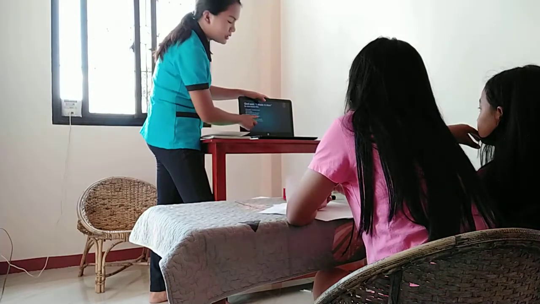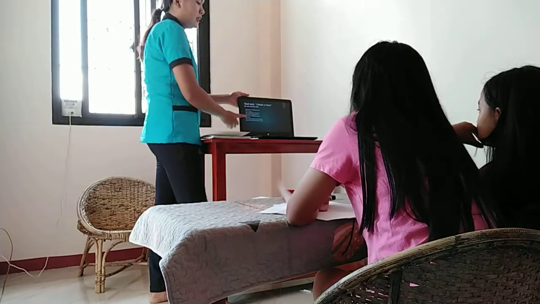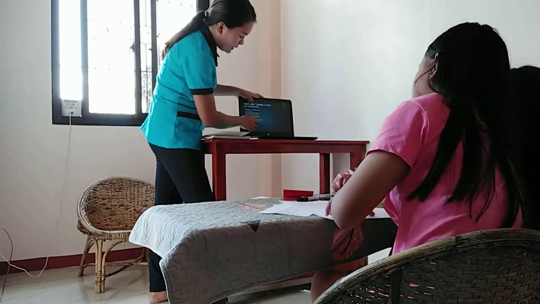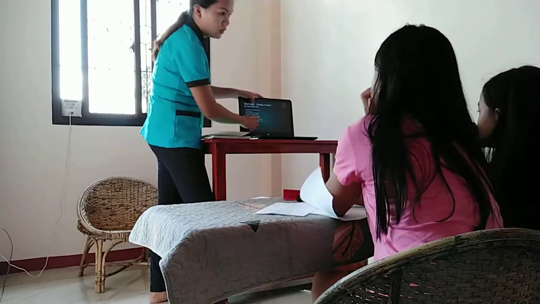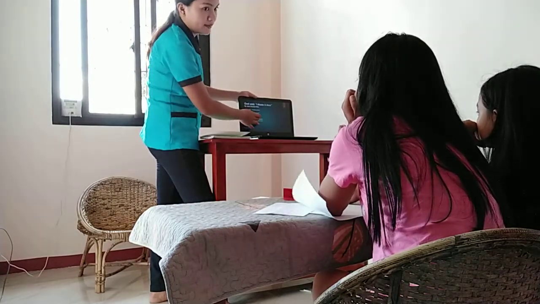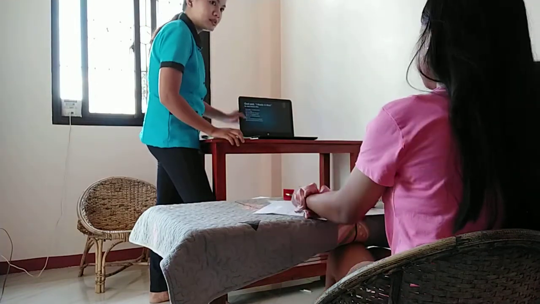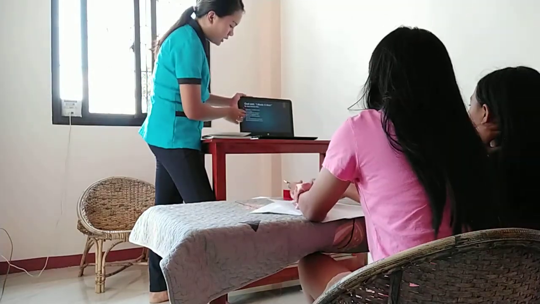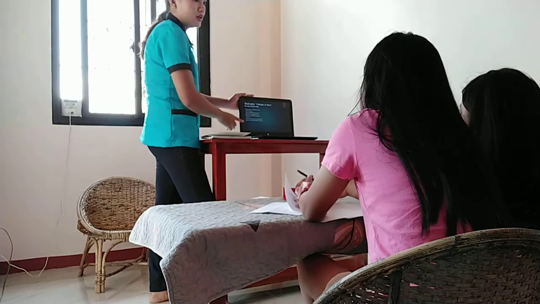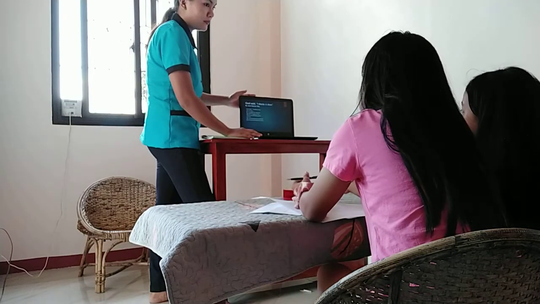Pero kung nag-iba yung sound, iba yung tunog, that would be letter C, yung gold, kasi hindi na siya tunog man, hindi na siya tunog span. So the pattern of this poem would be A, B, A, B, C, D, C, D. Get nyo? Do you get it?